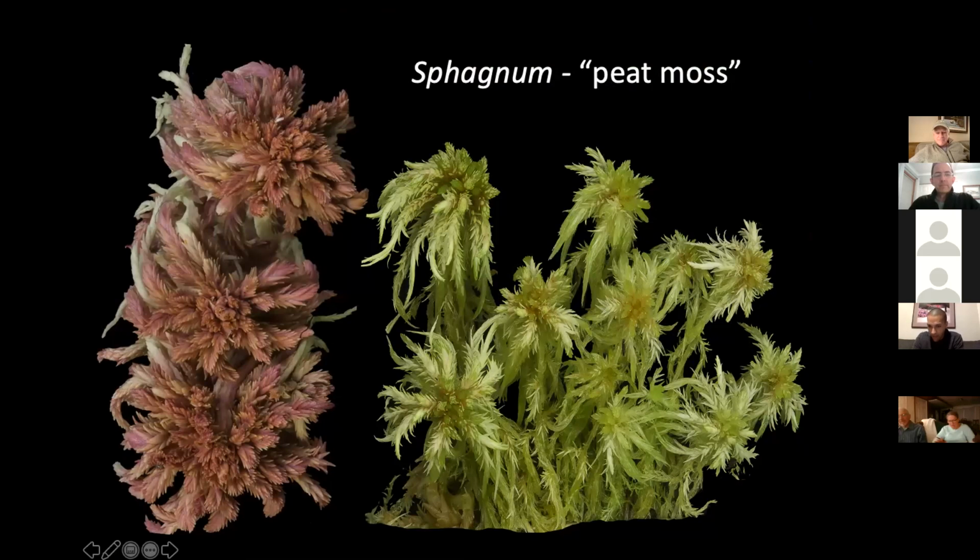These are restricted to bogs. If you've ever used peat moss in your potting mix, this is what peat moss is. This is sphagnum moss. It's also one of the ones commonly used as bandages and diapers and all that.